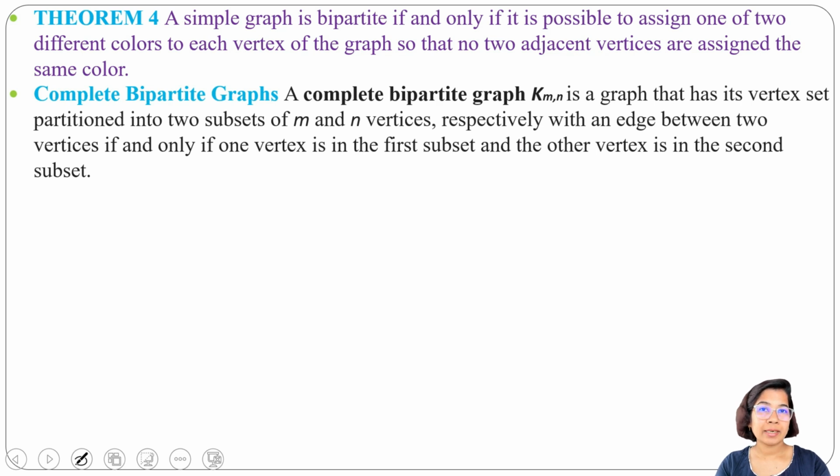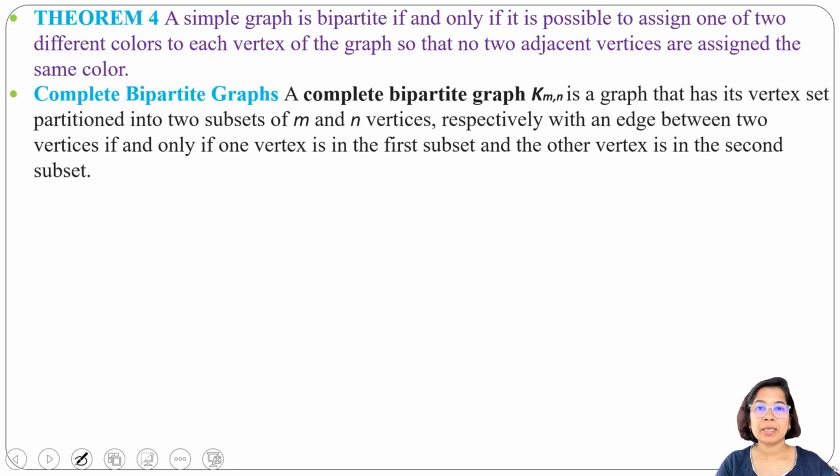So one set contains M vertices, the other set contains N vertices, with an edge between two vertices if and only if one vertex is in the first subset and the other vertex is in the second subset. So there are edges from one vertex to every other vertex in the second subset.